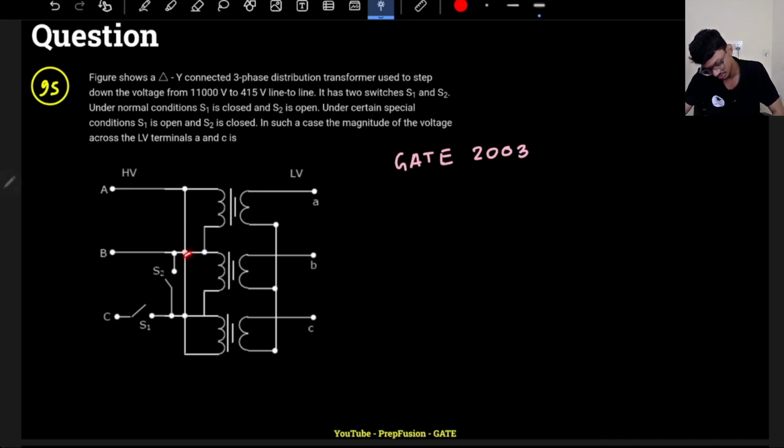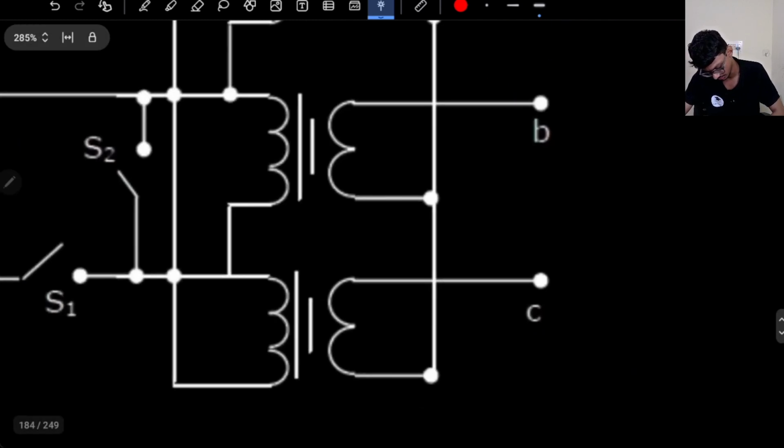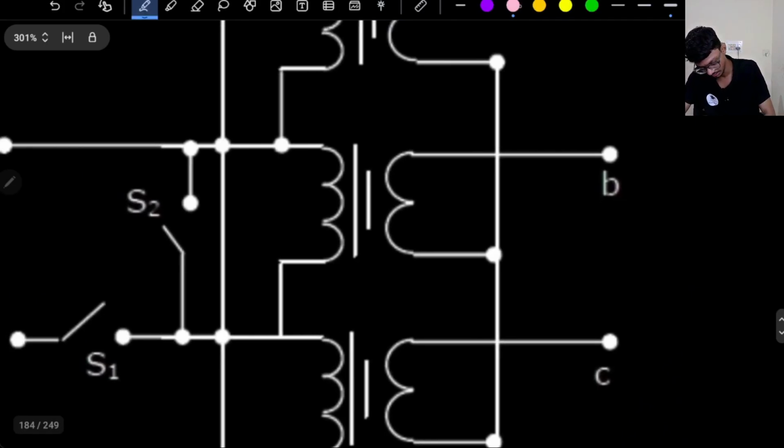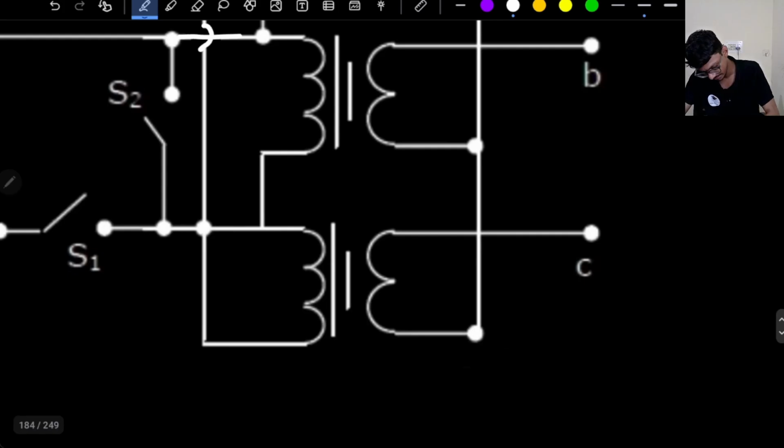Why is this? I guess this should not be a dot. If this is a dot, then this will also be short circuited. Something is wrong here. This should not be connected actually. My bad. This is not connected, right? Sorry, else everything will be short circuited. So here, something like this should have been there, and this also.